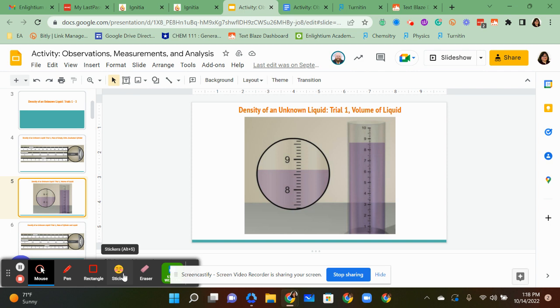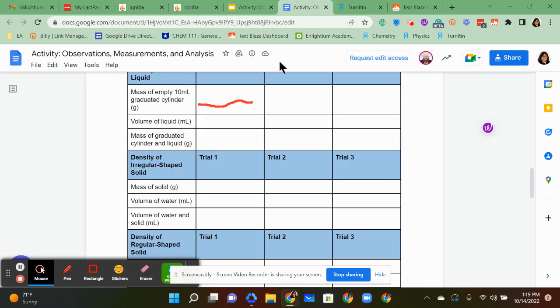For that liquid, I would say it is in between 8.6 and 8.7, so my best guess would be 8.65. So again, I go to my data table and report that volume right here. Got it?